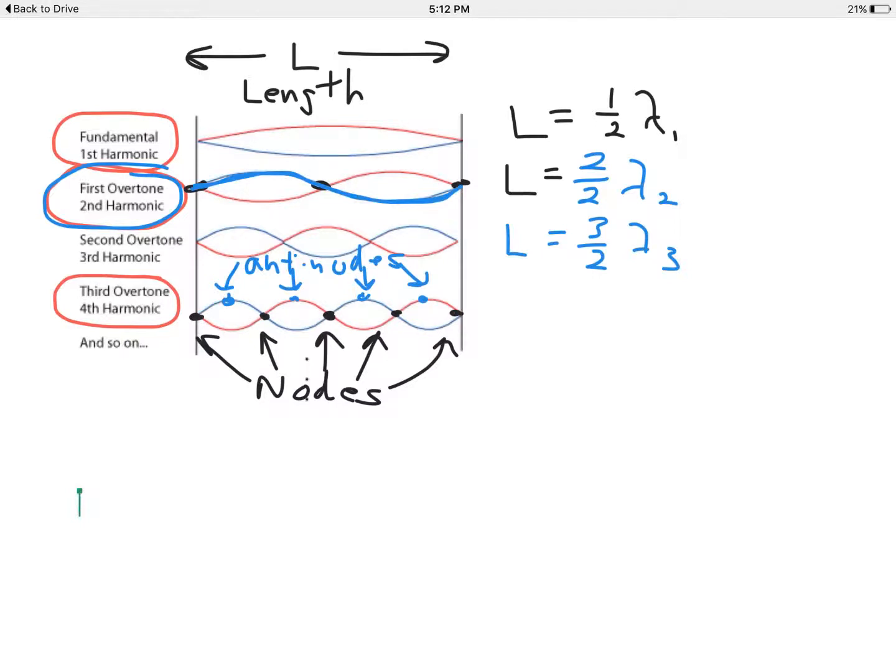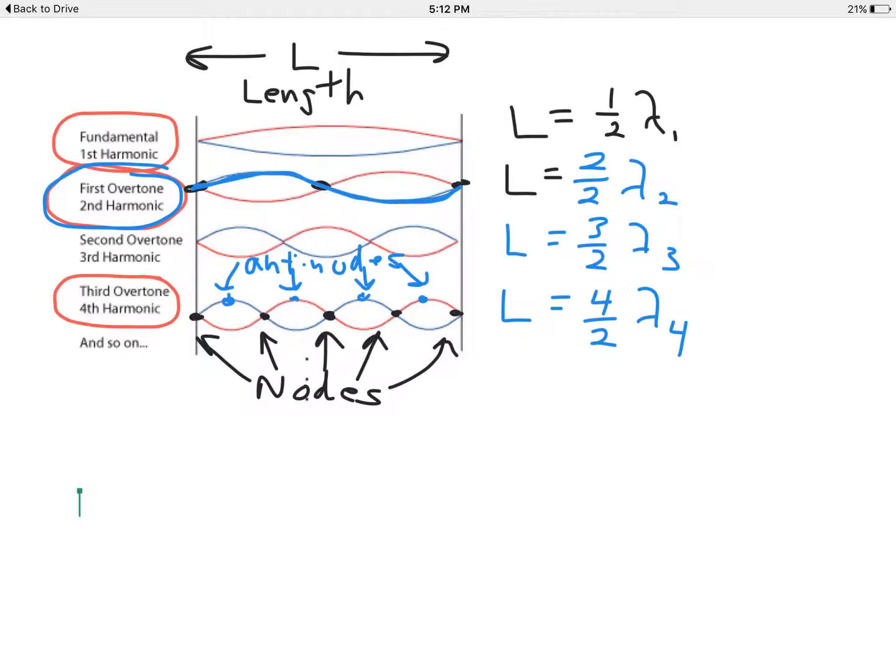So that's 3/2, or 1.5 waves, or 1.5 lambda 3. And then L, which is not changing for the fourth case here, the fourth harmonic, is 4/2. So the length is 4 divided by 2, which is 2 times the wavelength. As you can see here, the wavelength is getting smaller and smaller and smaller.